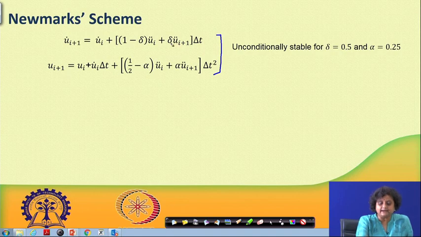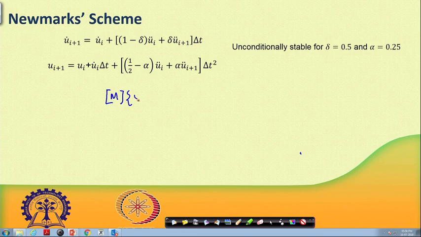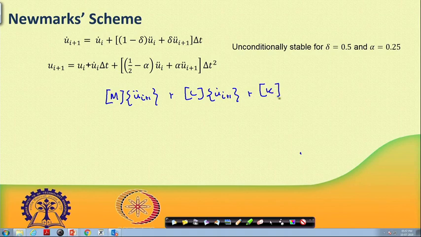This delta and alpha are nothing but constants, and this will be plugged into the equation of motion.